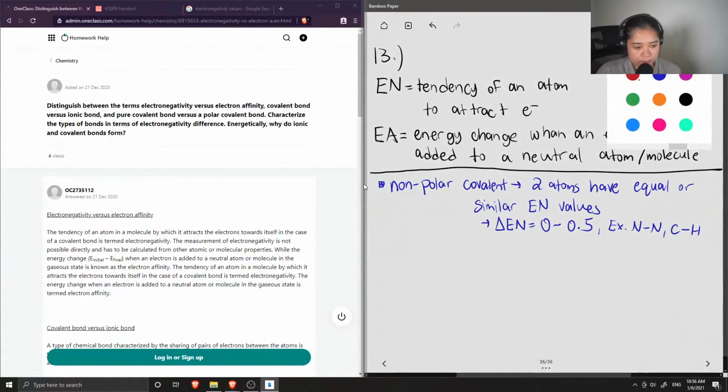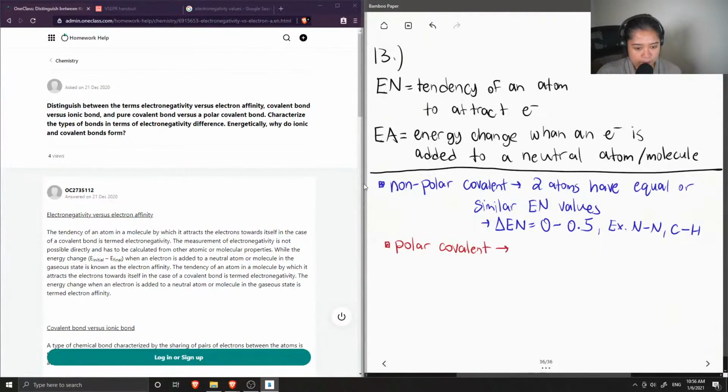So this is nonpolar covalent, and we can have polar covalent, which is when the two atoms have dissimilar electronegativity values.